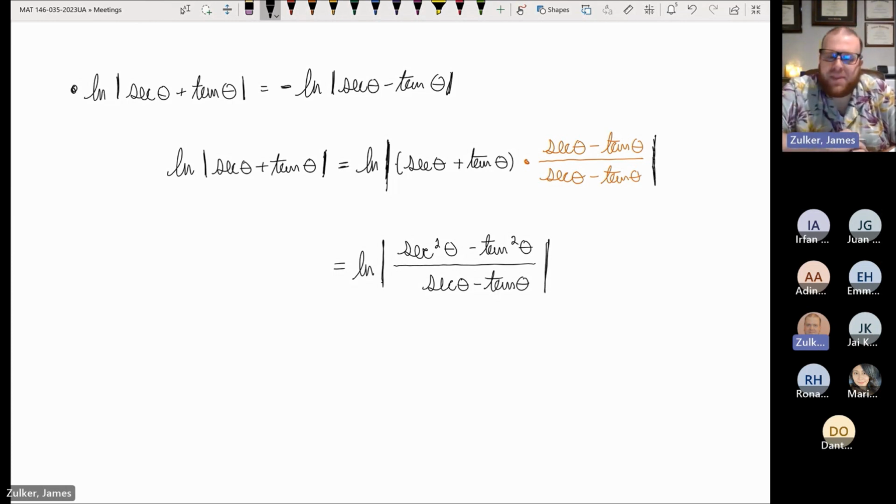Well, if we go back to the Pythagorean identities, we see that secant squared minus tangent squared is 1.